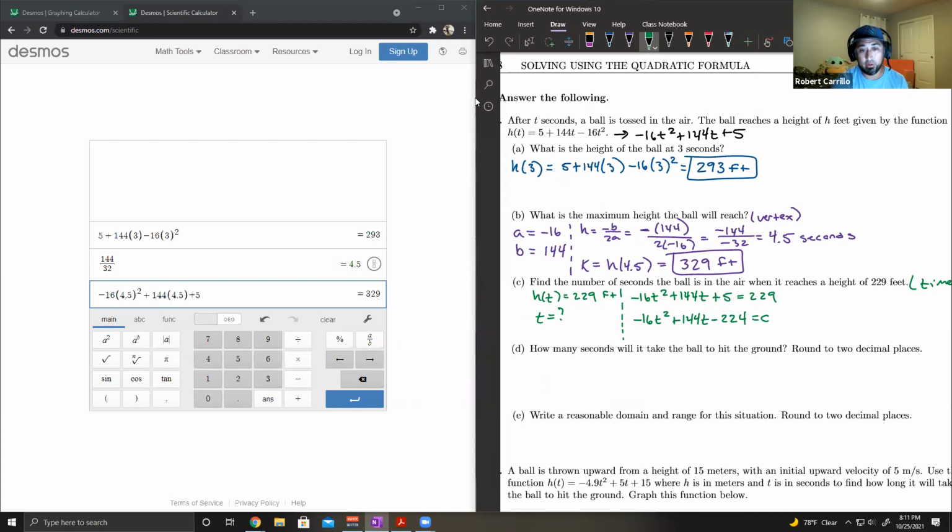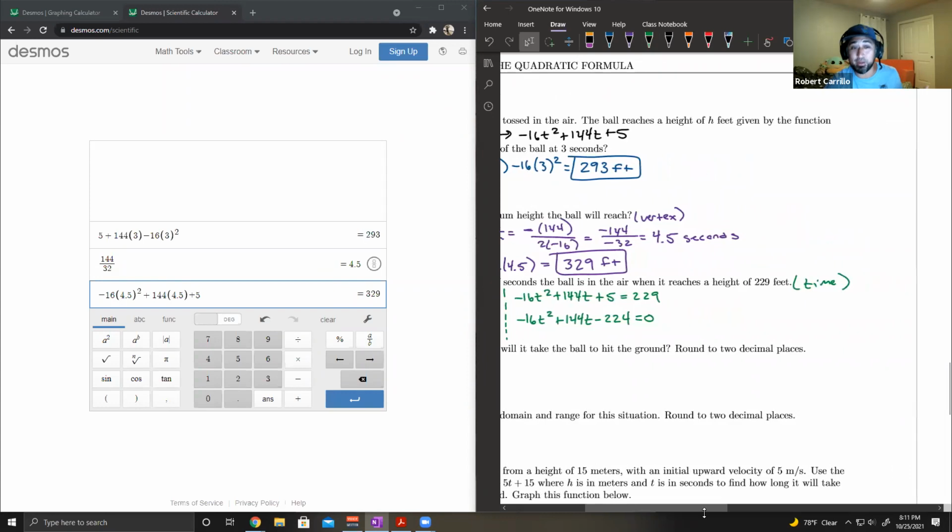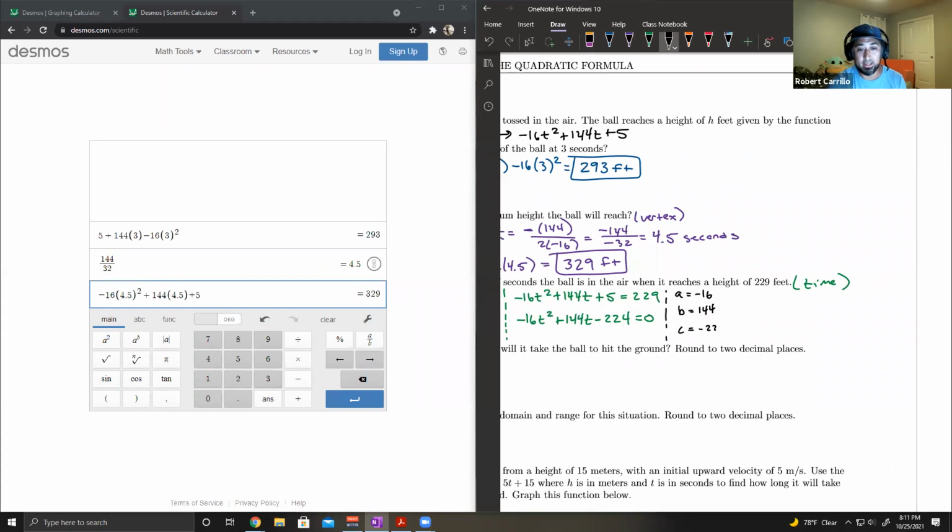224 equal to 0. Okay, so now in order to solve for time, we have to use the quadratic formula. So the value of a here, a is negative 16, b is 144, and c is negative 224.